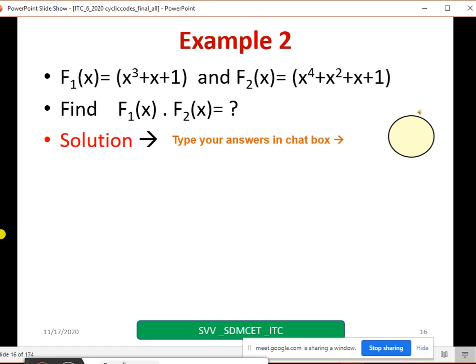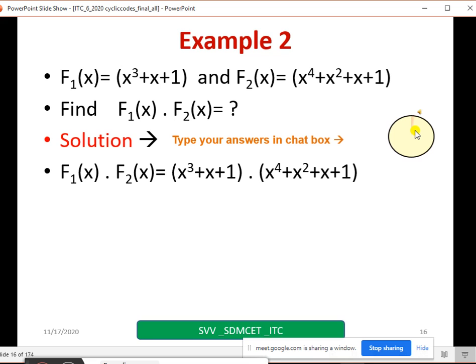f1 of x equal to x cube plus x plus 1. f2 of x equal to x4 plus x square plus x plus 1. Find f1 of x into f2 of x. Multiply these two using mod 2 addition and type your answer in the chat box. Simply multiply those two.